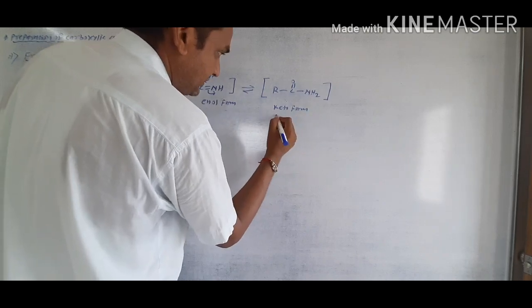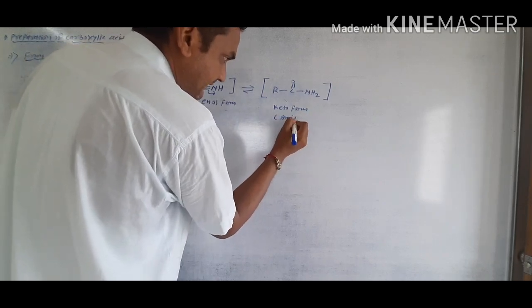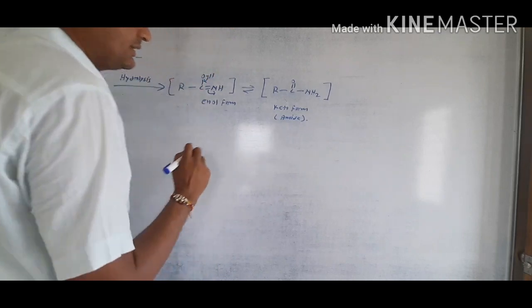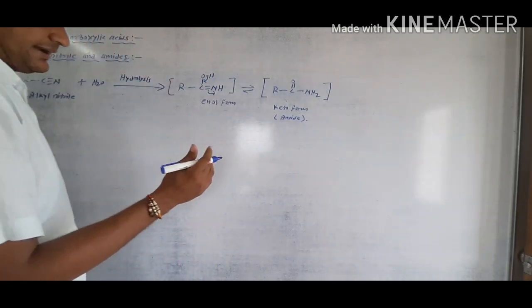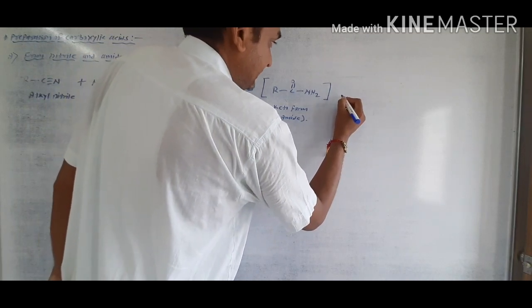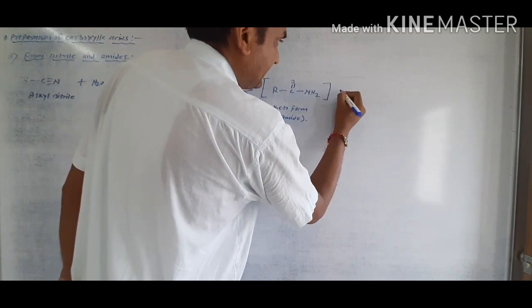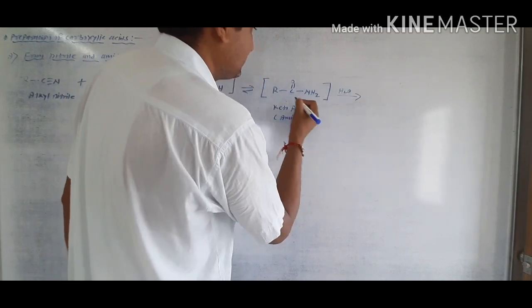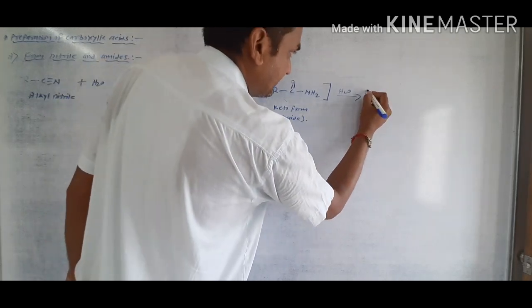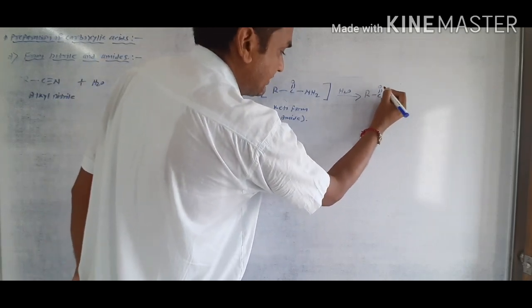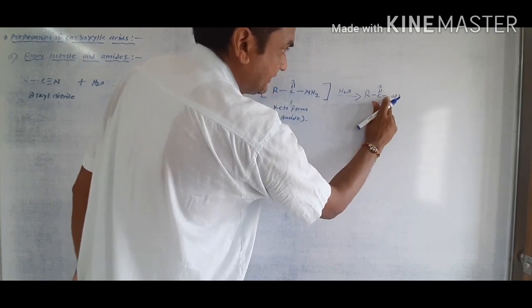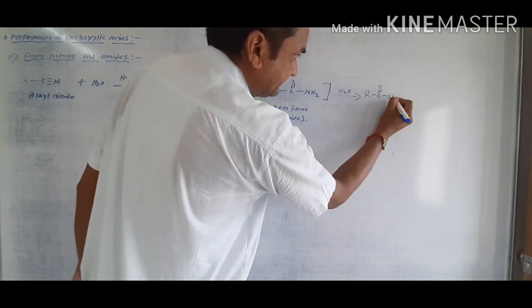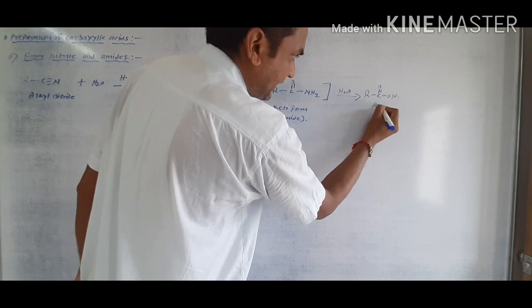This keto form is the amide. These amides are formed in the first hydrolysis step of the alkyl nitrile, and this second one is the further hydrolysis of the amide, which then gives the carboxylic acid.